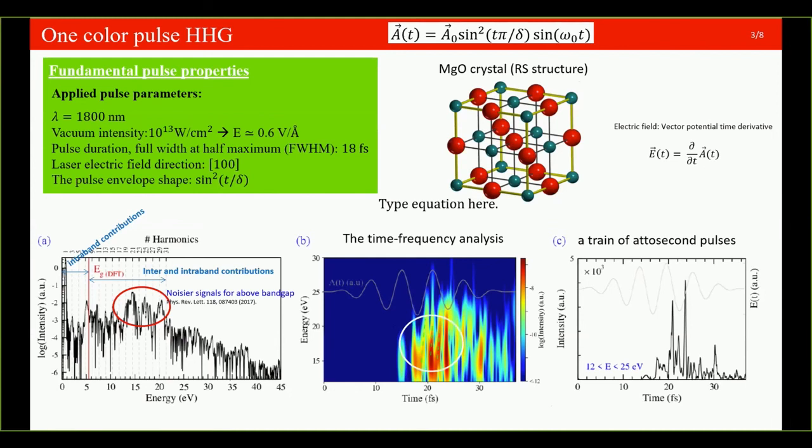The HHG has its maximum for the energy range between about 15 to 20 electron volt. As you can see here, this harmonic emission shows an attochirp with positive sign.